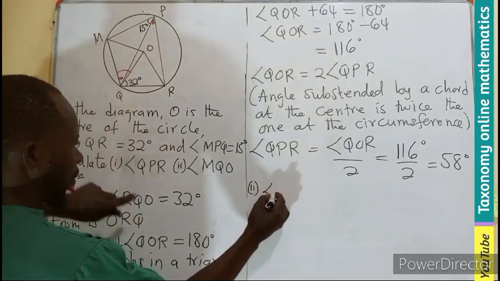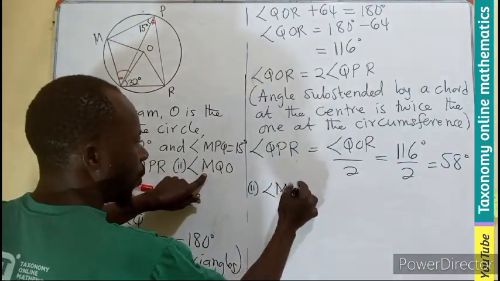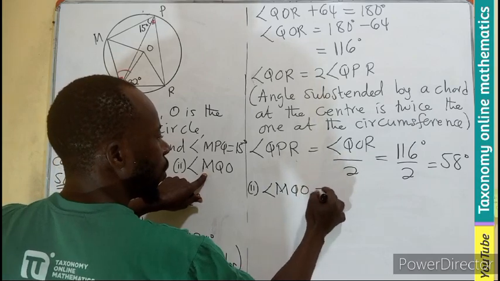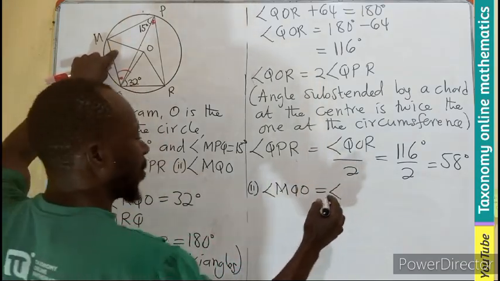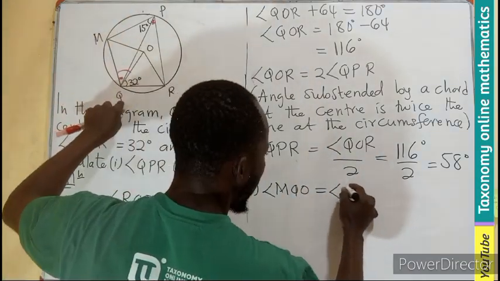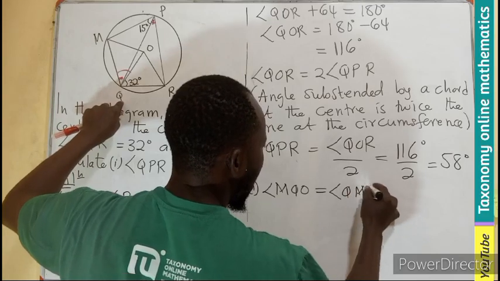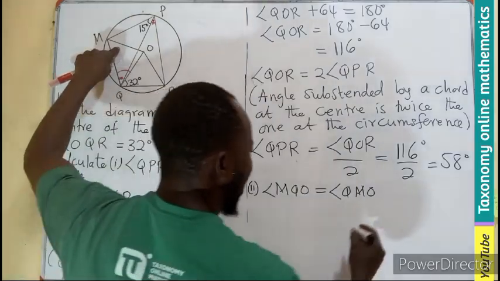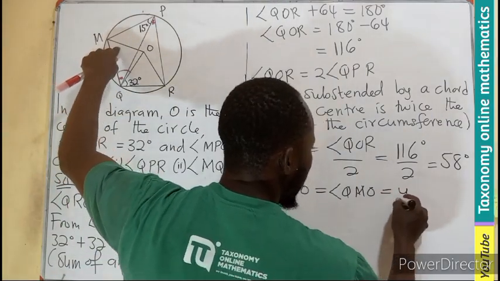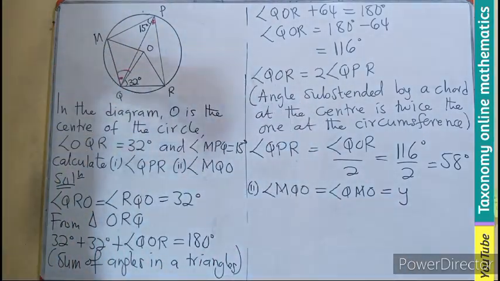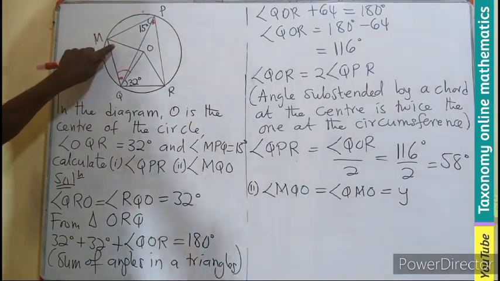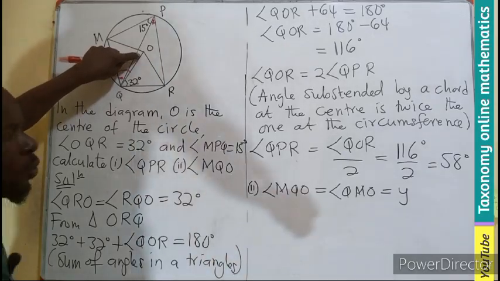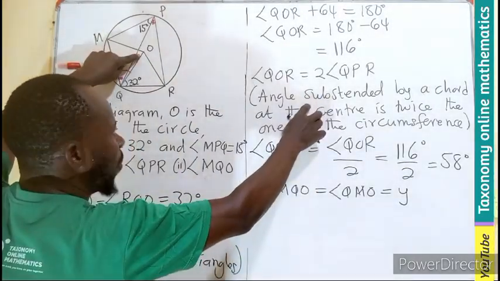So we can say that the angle MQO will be the same as the angle QMO, this very angle. Let's say we take them to be y, which are the base angles of an isosceles triangle. If that's the case, this and this will be the same. Don't forget, this will be based on this property.